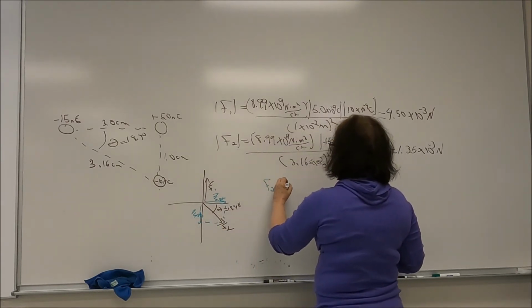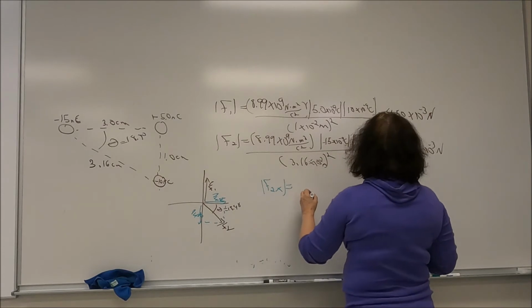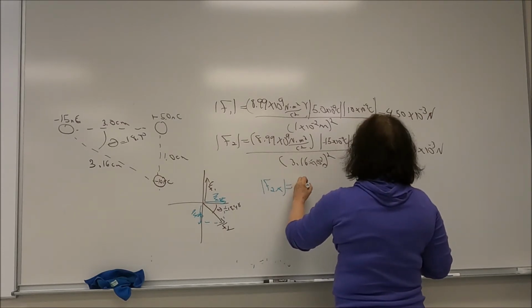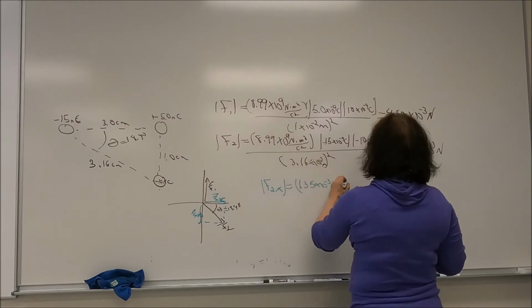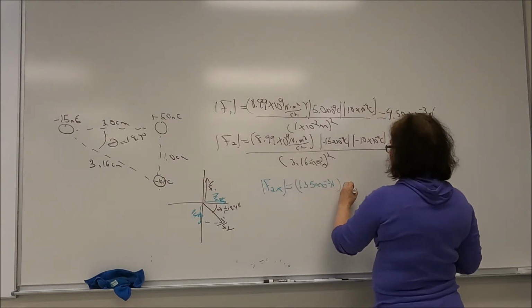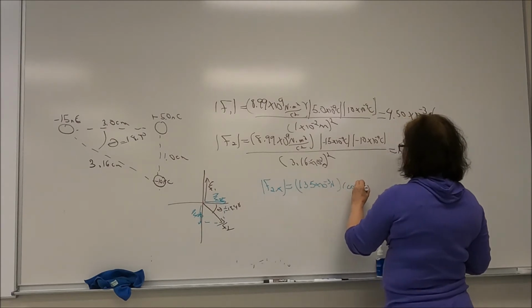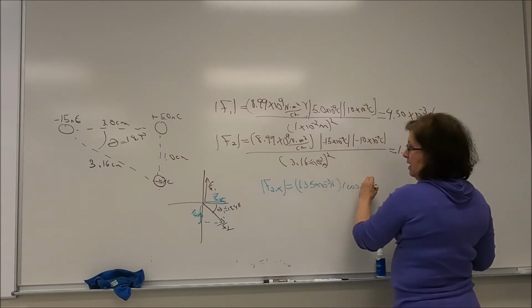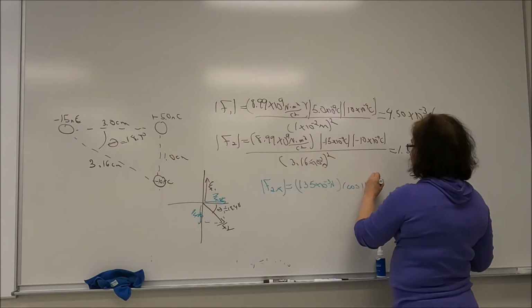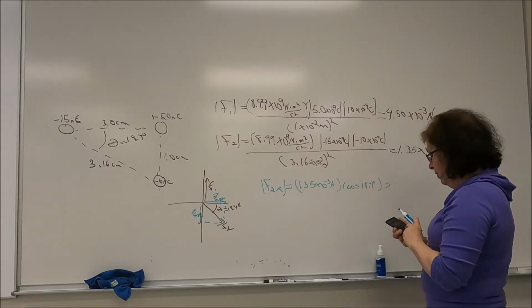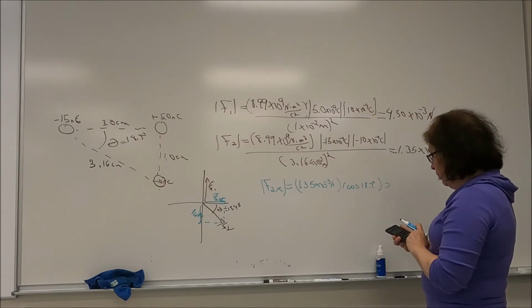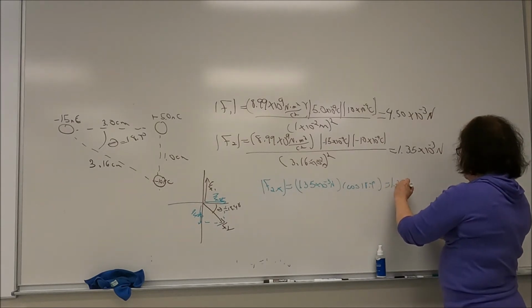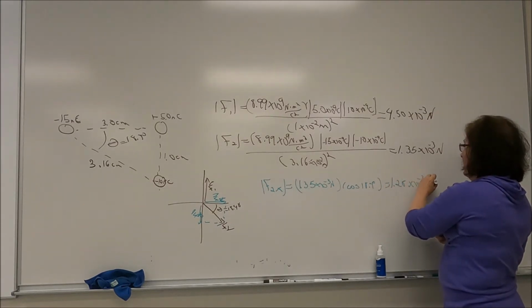So force 2x is going to have a magnitude of 1.35 times 10 to the minus 3 newtons times the cosine of 18.4 degrees. So 18.4 cosine times 1.35 times 10 to the minus 3. So I get 1.28 times 10 to the minus 3 newtons.